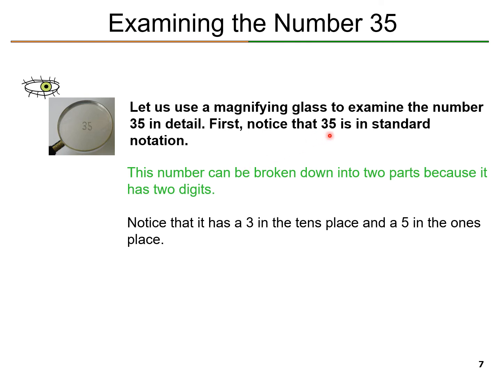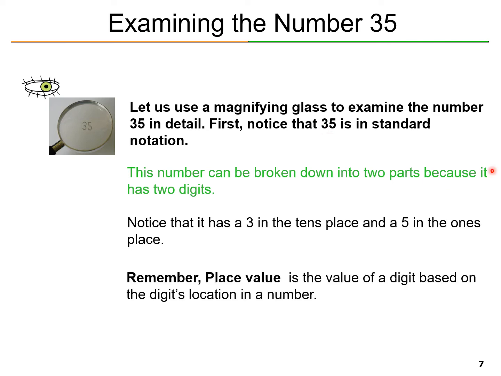The number 35 can be broken down into 2 parts because it has 2 digits. It has a 3 in the tens place and a 5 in the ones place. So we can expand it into a number that has two parts because it's got two digits.